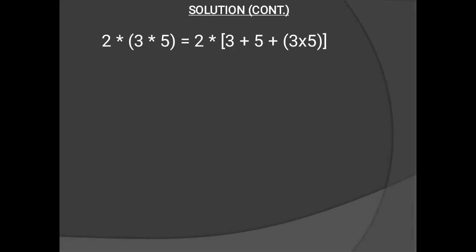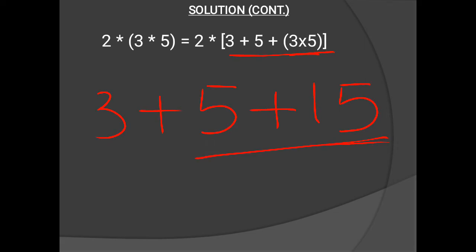So we have 3 plus 5 plus 15. 15 plus 5 is 20, and 20 plus 3 is 23.